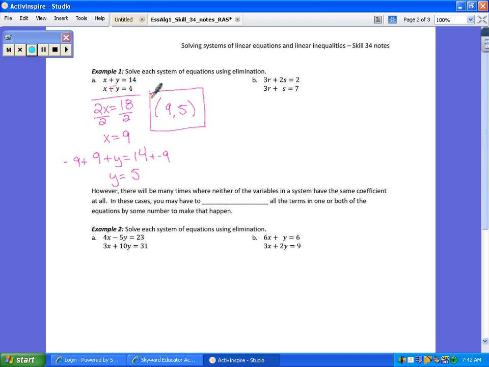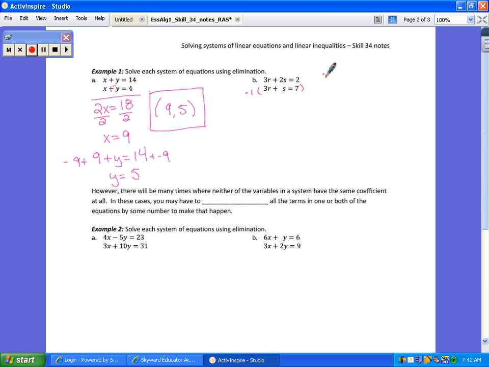Now, in B, if I were to add straight down, I would get 6r plus 3s, and I didn't eliminate a variable. So this is what we talked about: we might have to do some work before we add down. And it has the same coefficient and the same sign. So I am going to go ahead and multiply this equation by -1.